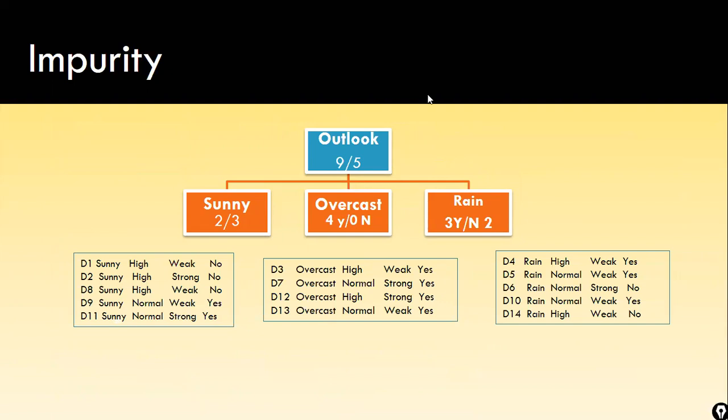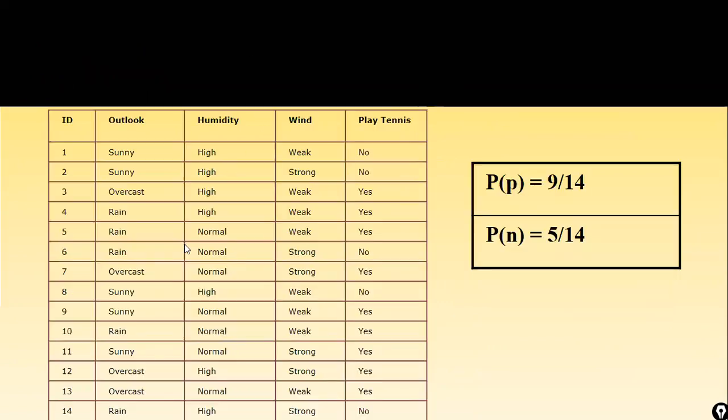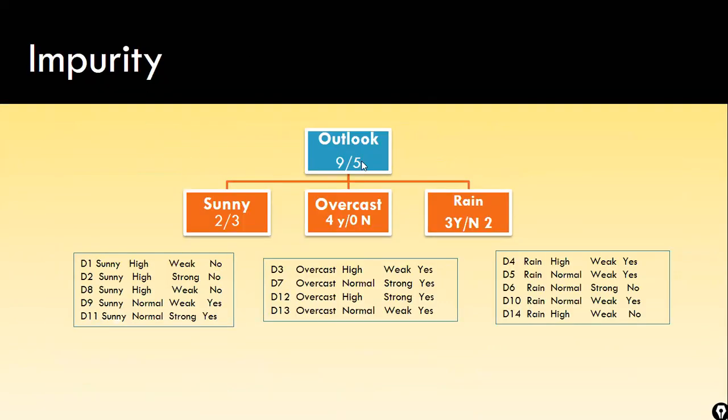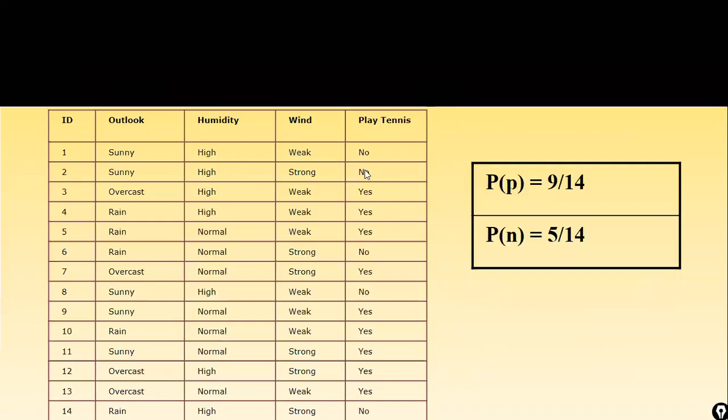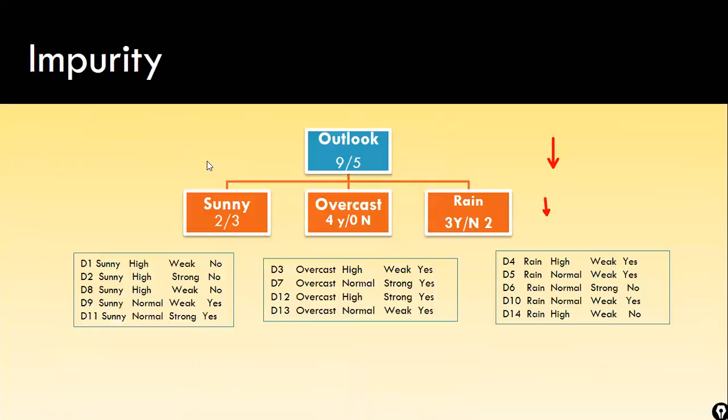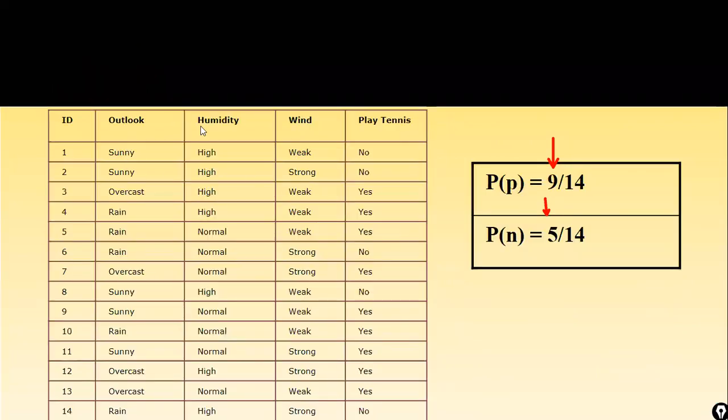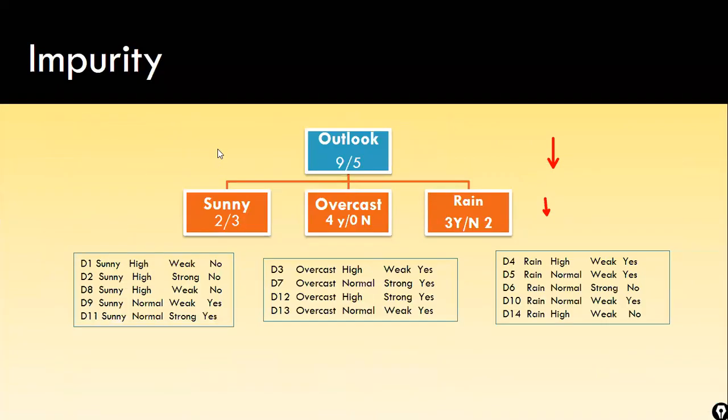If you look here very closely, in this data set there are 9 yes and 5 no. So in this case, the root node was outlook. Fine. So here within this outlook, there are sunny, overcast and rain.